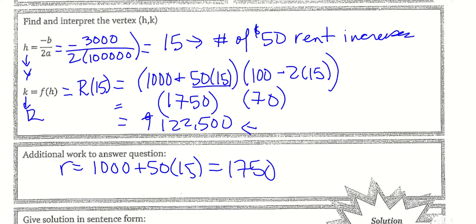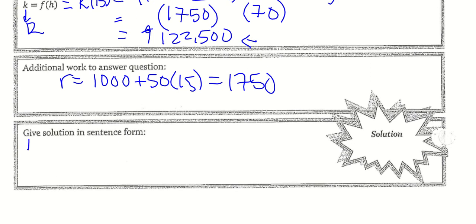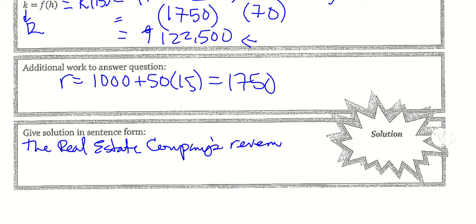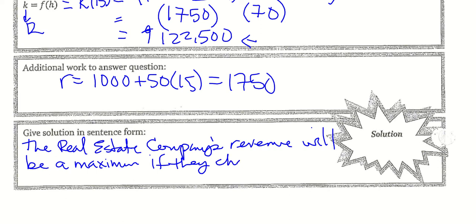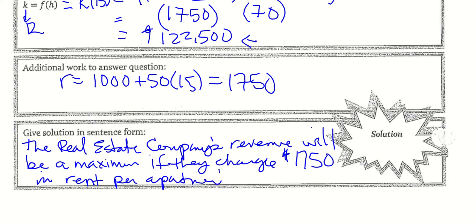So the answer to the question is, the real estate company's revenue will be a maximum if they charge $1,750 in rent per apartment. That's all we had to answer.